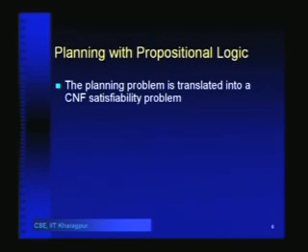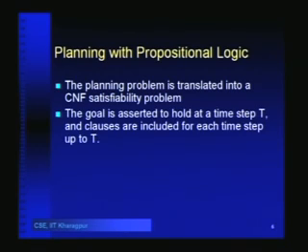Essentially, what we are trying to do is to translate the planning problem into a CNF satisfiability problem. The goal is asserted to hold at a time step t, and clauses are included for each time step up to t. Initially we will assume t equal to 0, and see whether the initial set of facts can actually imply the goal.